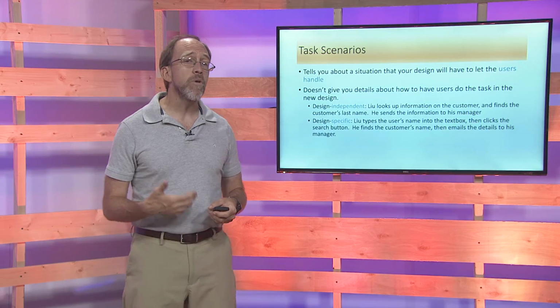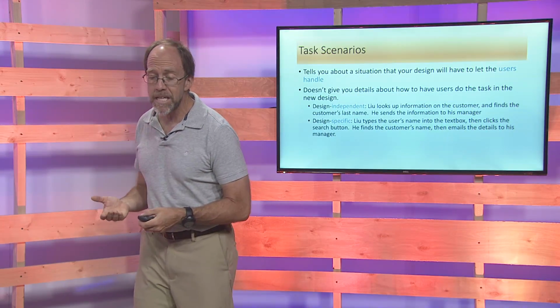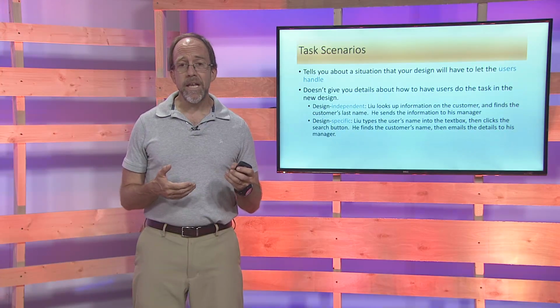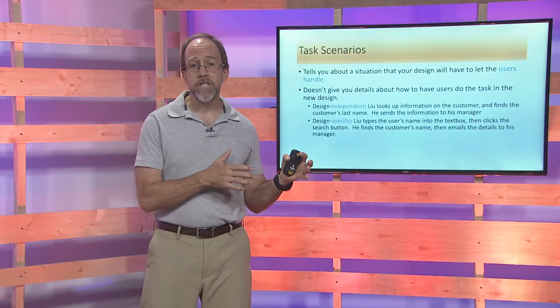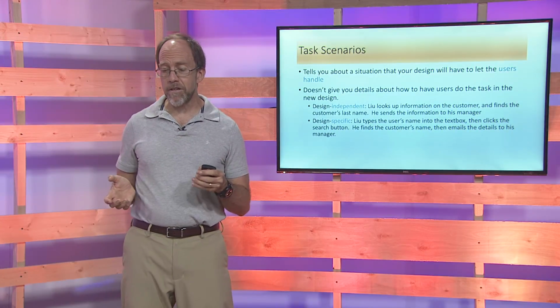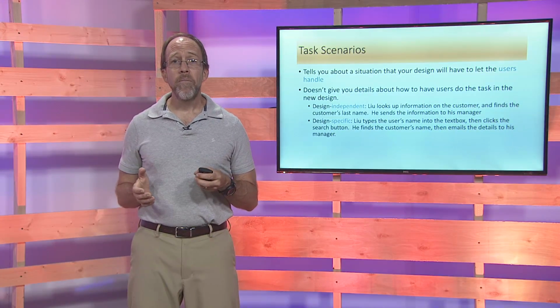This tells you some information about the users and their handling of the task. It may not get into a tremendous amount of detail, but we would like to get into as much detail as possible. It can be both independent of how your design is going to work or specific to how your design is going to work.